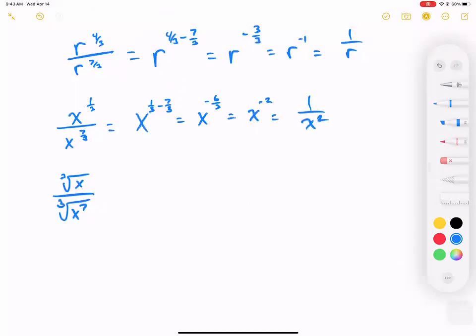Now, I'm going to do this using the radical way. If we have the same radical, remember we can write them over one large radical. Great. x divided by x to the 7. We can simplify x on top and 7 x's on the bottom. That's 1 over x to the 6. What is the cube root of 1? Cube root of 1 and the cube root of x to the 6.